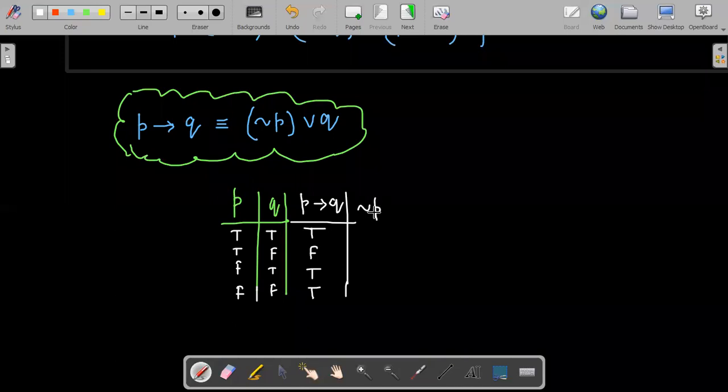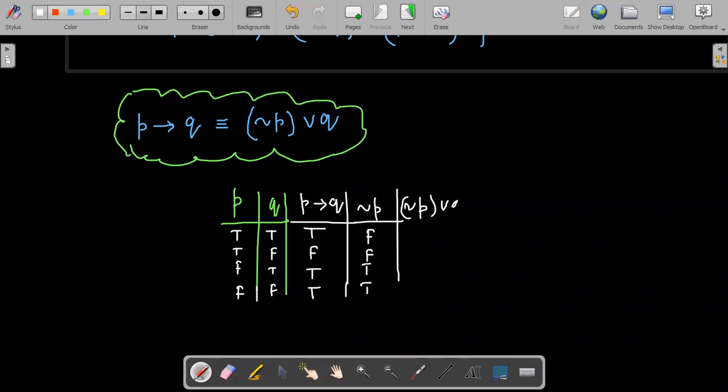Now negation of P. Truth becomes false, false, truth, truth. Negation of P, this is OR Q. When we do OR, only if there are two falses is it false. So false, true, true, false, false, false, true, true, true, and true, false, true.